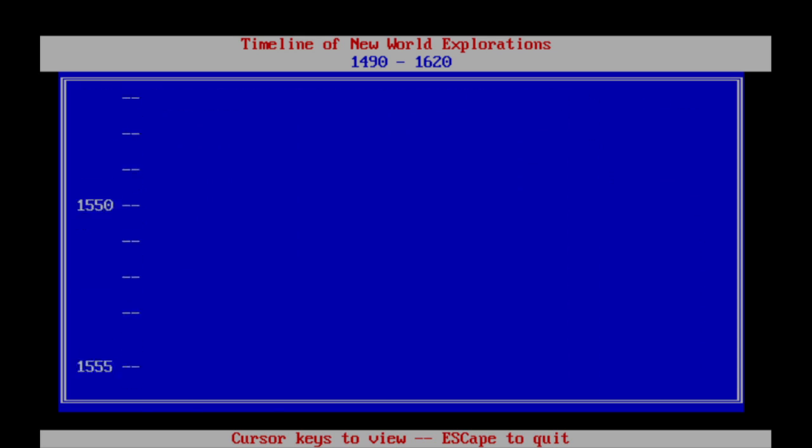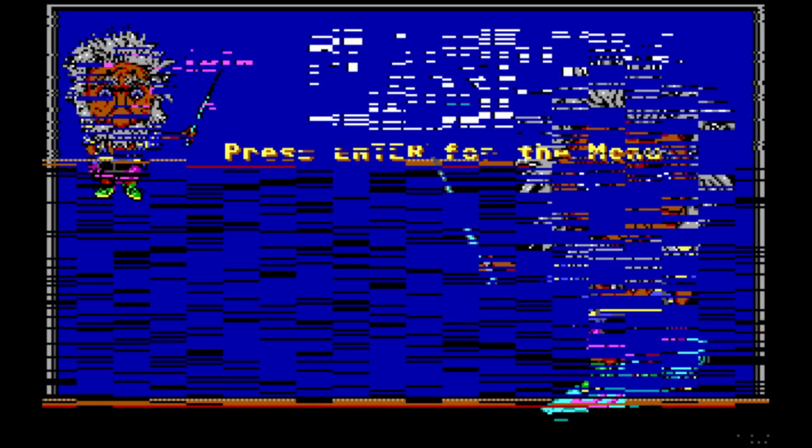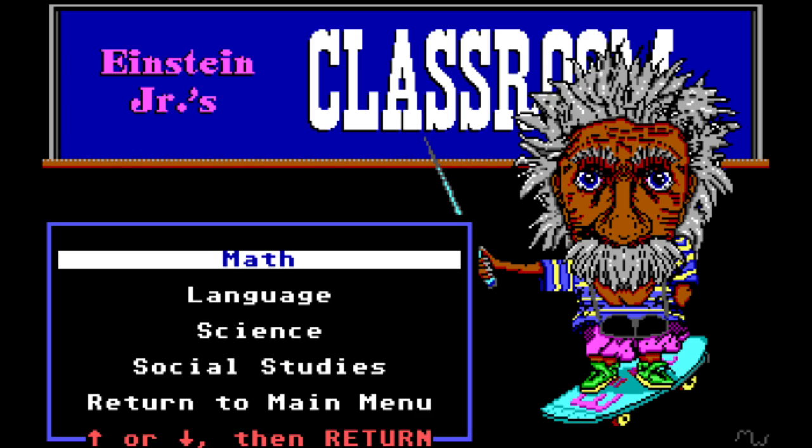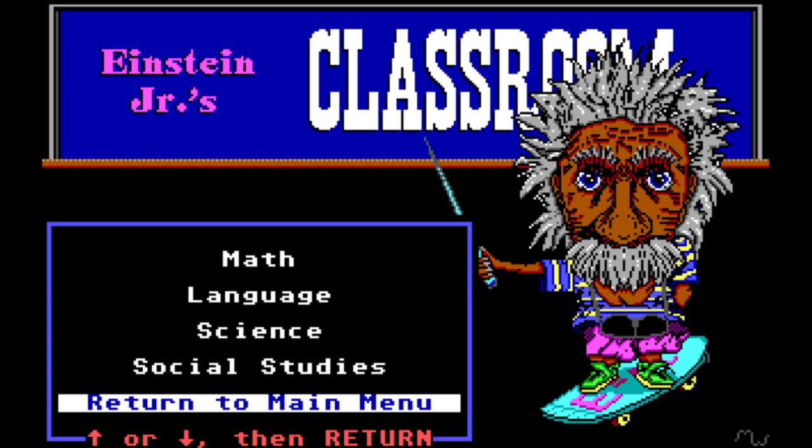Yeah. Looks like this has all the explorers you might see in that previous game. Well, that's all there is to that.